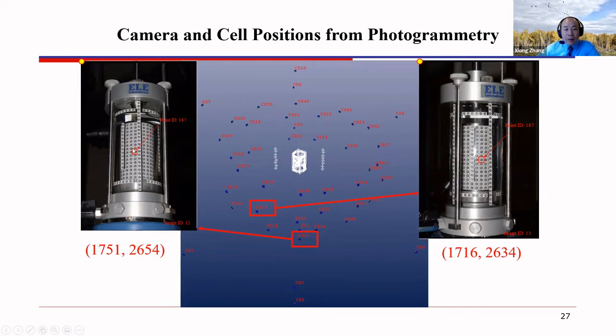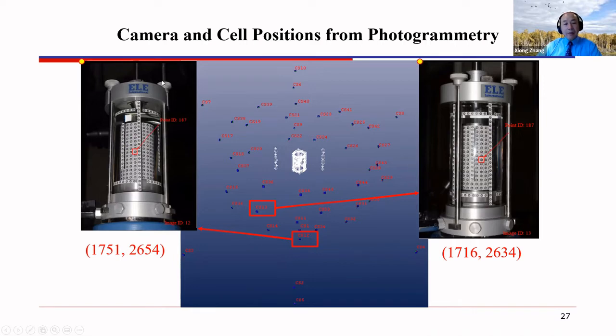So there's a small difference in the pixel numbers, right? This small difference is mainly due to the different shooting locations and shooting directions when you take a picture. By using this small difference, we can set up equations which can back calculate the camera position to an accuracy of 2 to 3 microns.